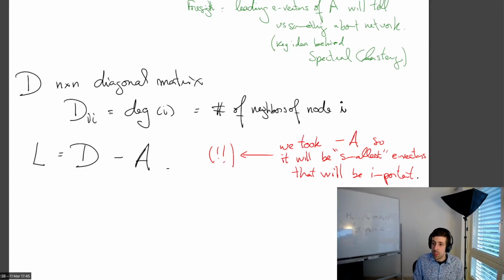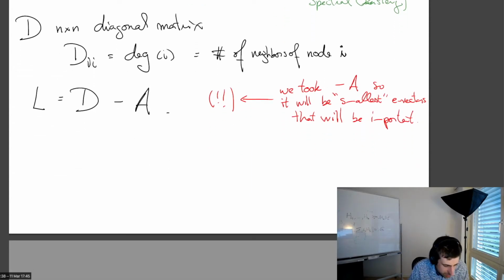Right, I swapped things here because I took minus A, but this is classical in this field, and I should keep it. Things work out much nicer in this notation. By smallest eigenvectors, of course, it's a gross abuse of notation. It means the eigenvectors associated with the smallest eigenvalues, of course. Okay, so first statement: this matrix is actually positive semi-definite.